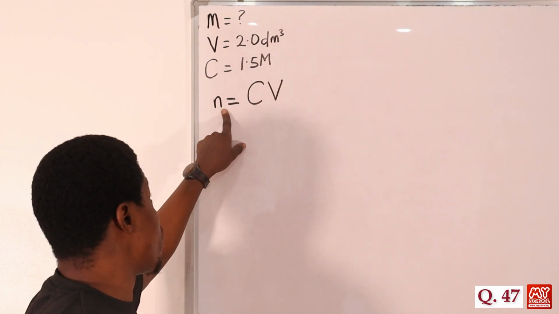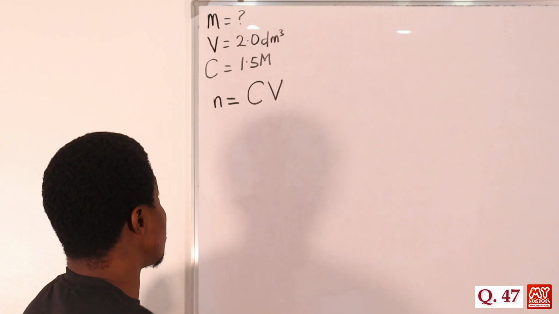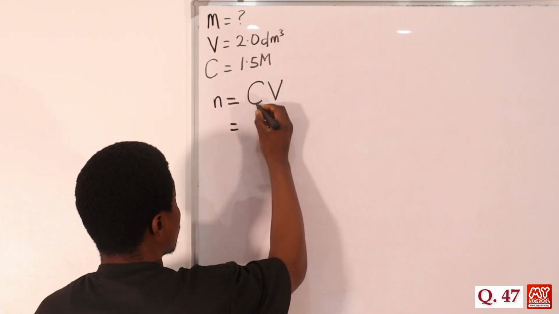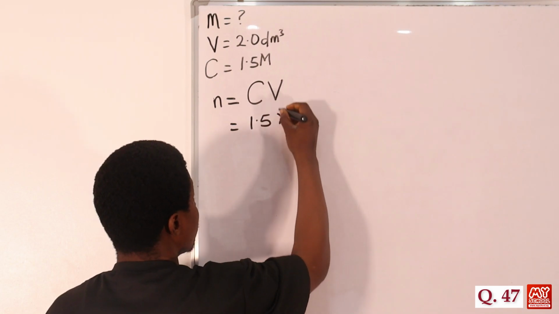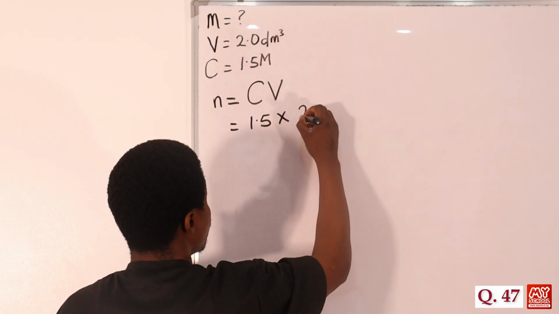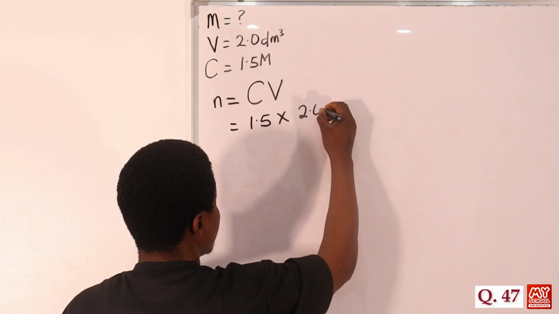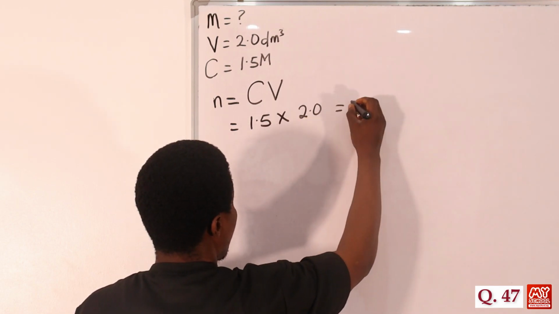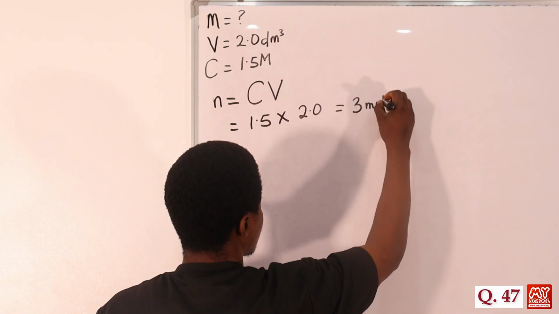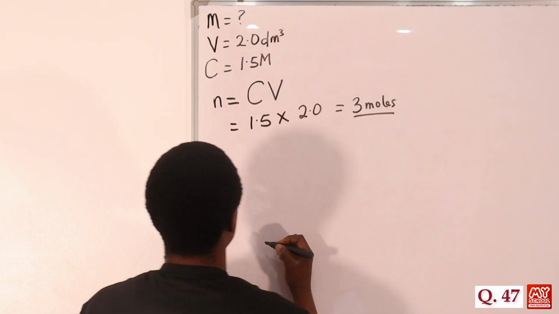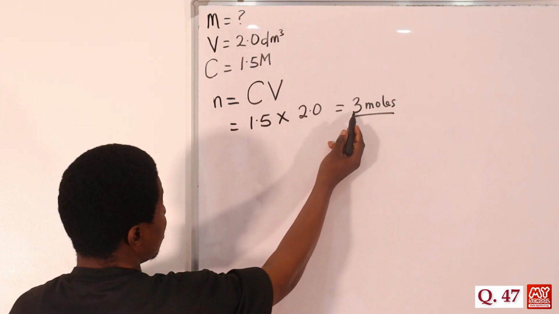So we just have number of moles equals concentration times volume. The concentration is given to be 1.5, multiply that by the volume, given to be 2.0 dm cube. By the time you multiply 2 by 1.5, we have 3, so that's 3 moles. Now we have number of moles to be 3.